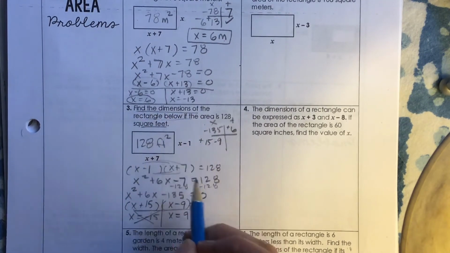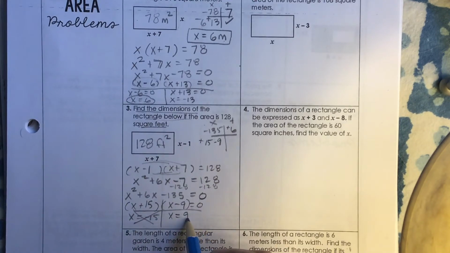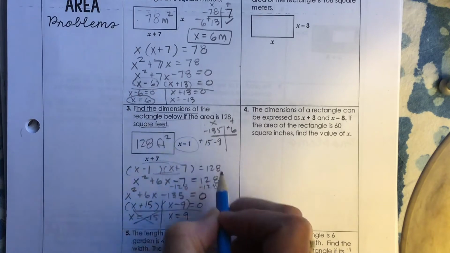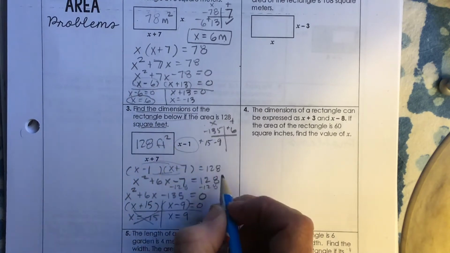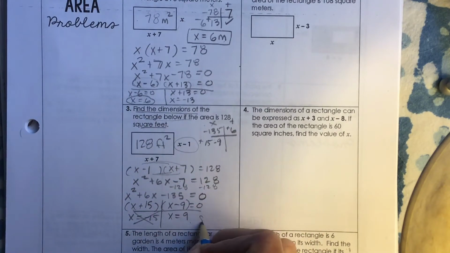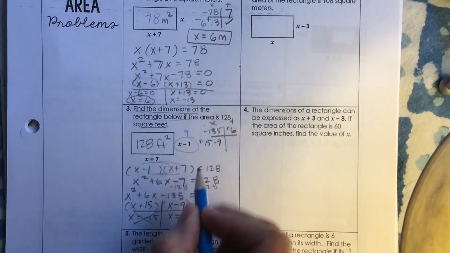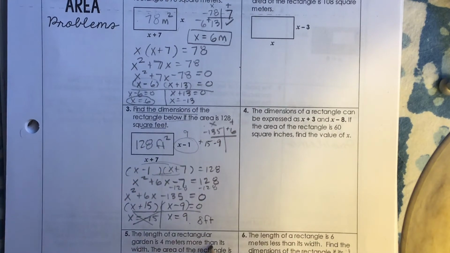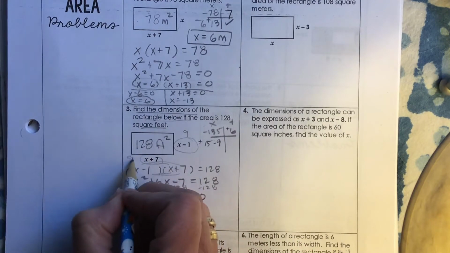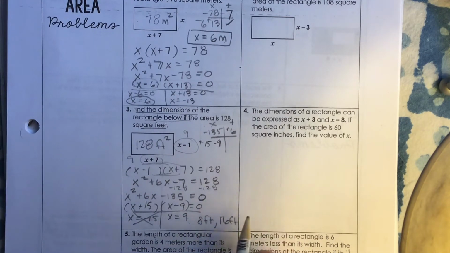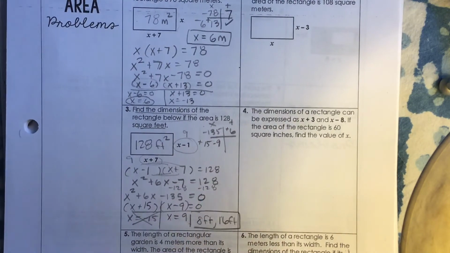Well, if x is 9, then x minus 1 is going to be 8. So 8 feet is going to be this dimension, and the other dimension, which is 9 plus 7, is going to be 16. These are the two dimensions. Okay, number 5.